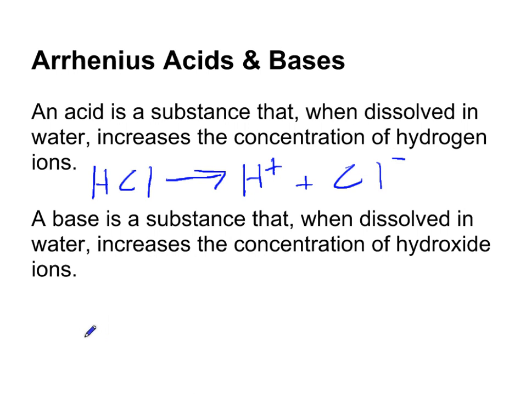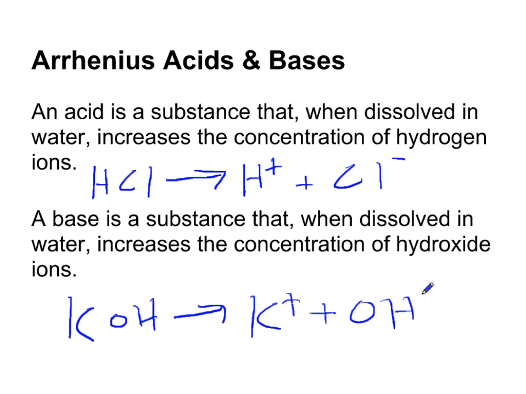An Arrhenius base, for example, potassium hydroxide, when it dissociates in water, is going to increase the concentration of the hydroxide ion. So increasing hydroxide makes it an Arrhenius base, and increasing the hydrogen ion makes something an Arrhenius acid.